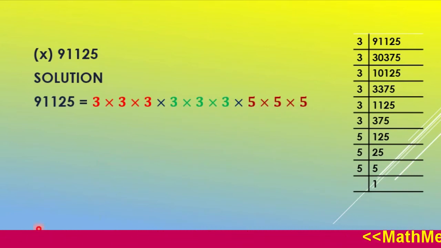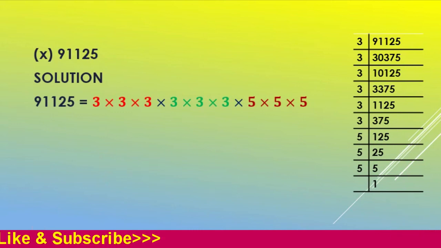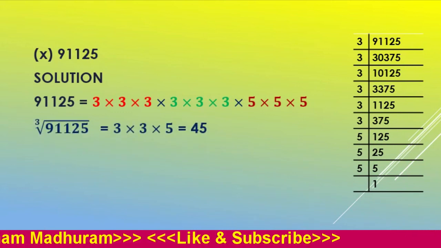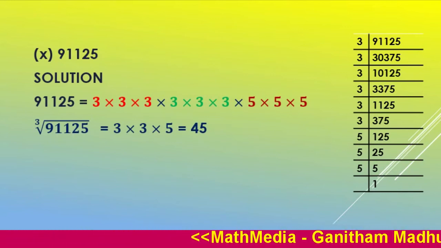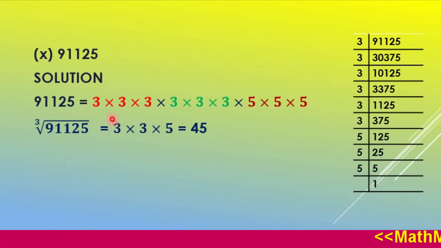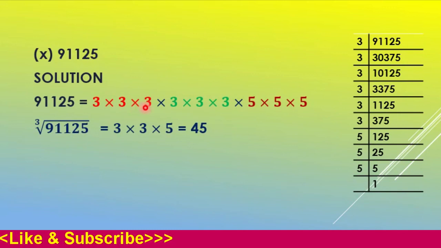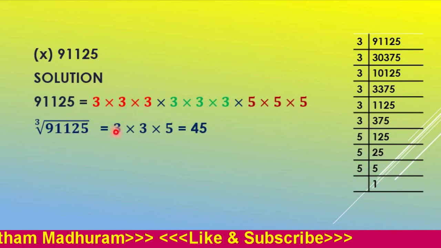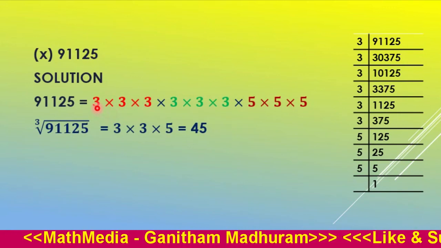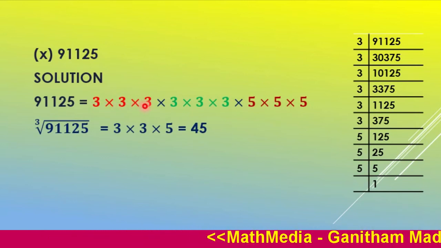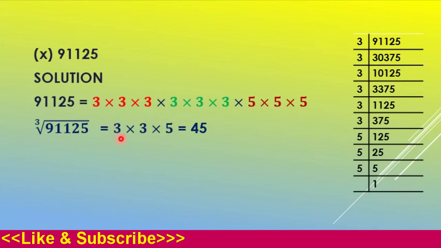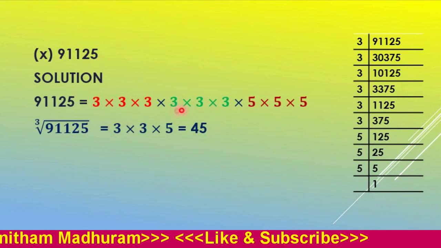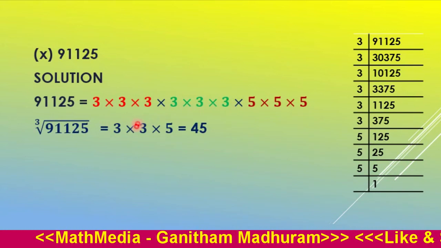Now we have to find the cube root of 91,125. For that, from each group we have to take one number outside, because we are finding the cube root. So from a group of 3 we can pick out one number. So from the first group we are getting 3. From the second group we are getting again 3.